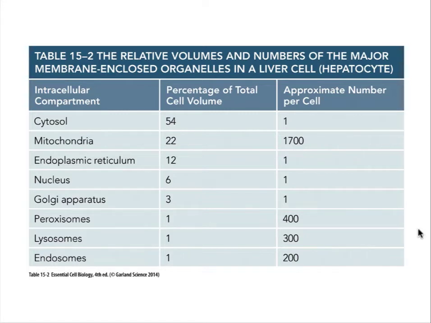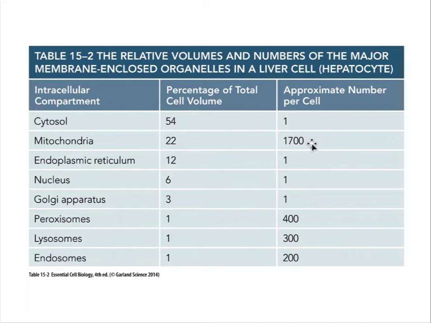Focusing our attention now on organelles that are present in multiple copies, we see that endosomes, lysosomes, and peroxisomes are present in a typical hepatocyte in the couple of hundred number range. So these are scattered all over various parts of the cytoplasm.